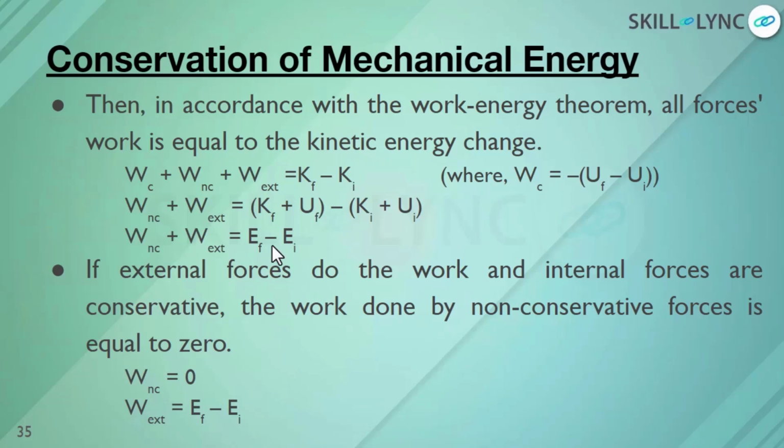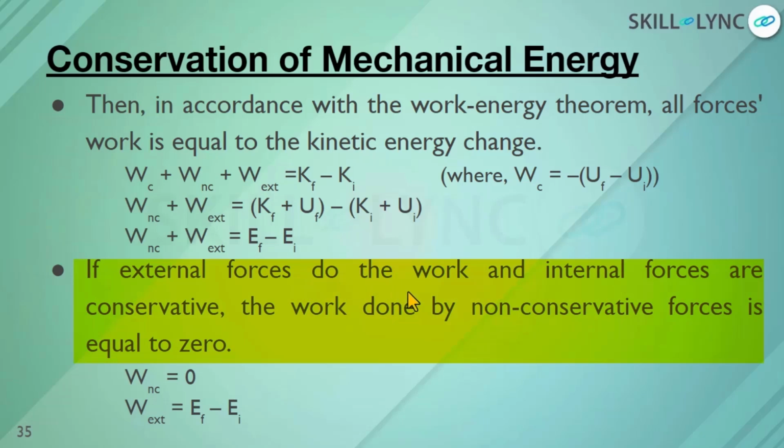Therefore, the net energy change Ef minus Ei is equal to WNC plus WEXT. Further, if external forces do the work and internal forces are conservative, the work done by the non-conservative forces is equal to 0.